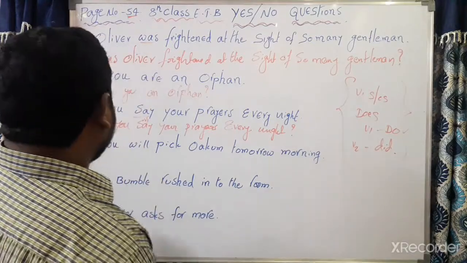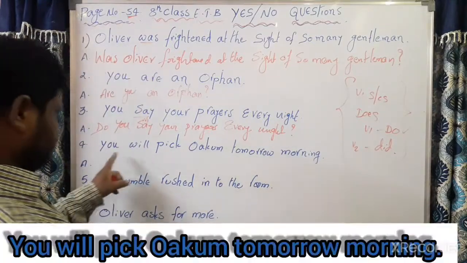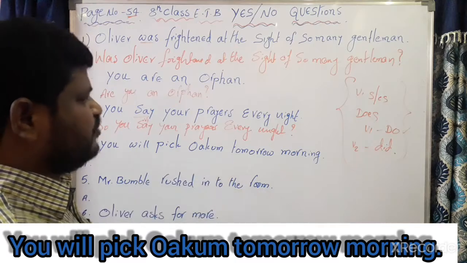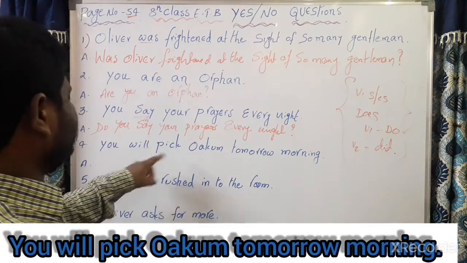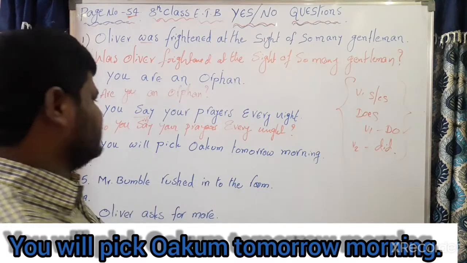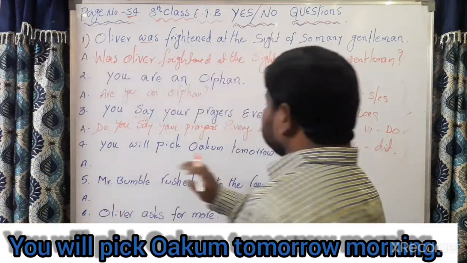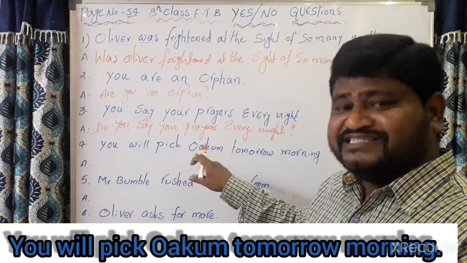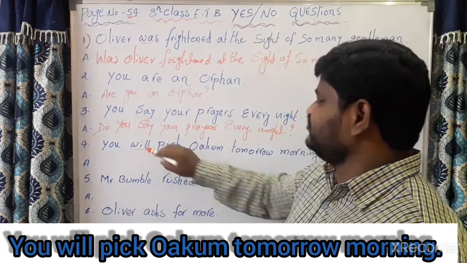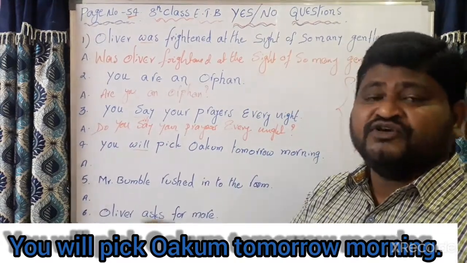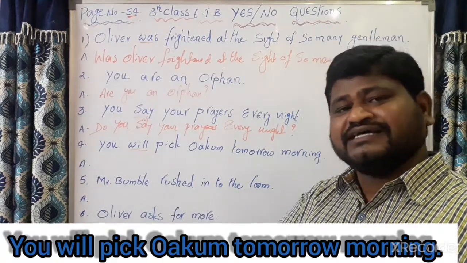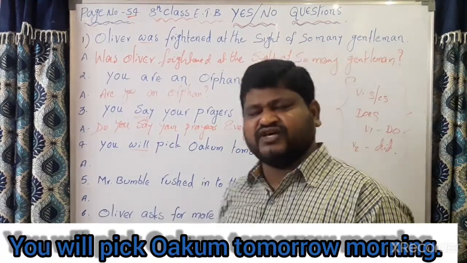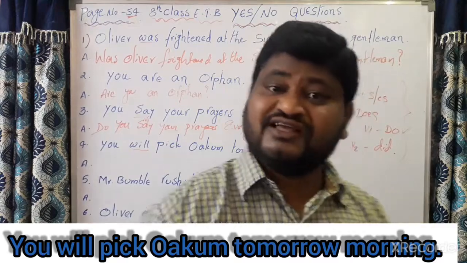Okay. And next example, you will pick Oakum tomorrow morning. So friends, in this sentence do we have any helping verb? Yes. This is what we are calling helping verbs: will, would, shall, should, can, could, may, might. These are what we are calling modal auxiliary verbs.